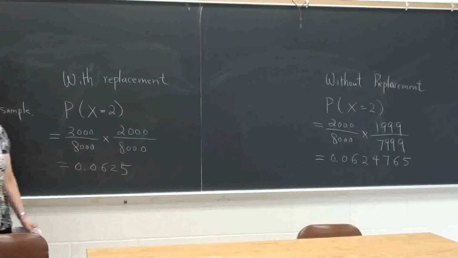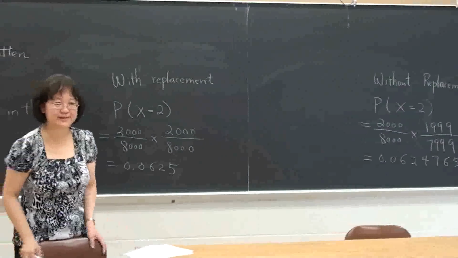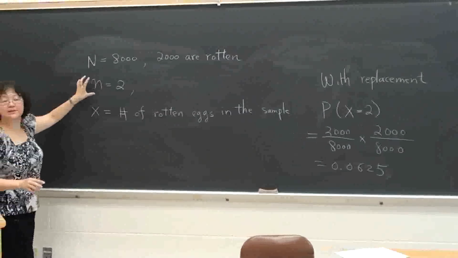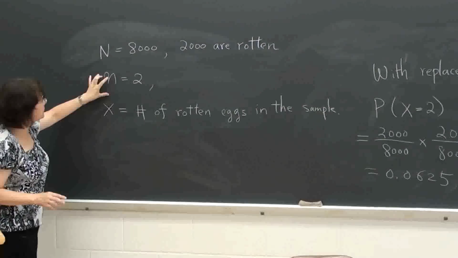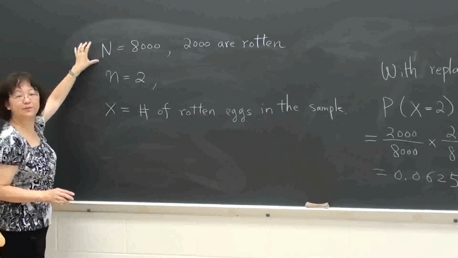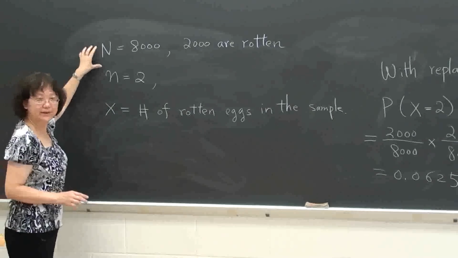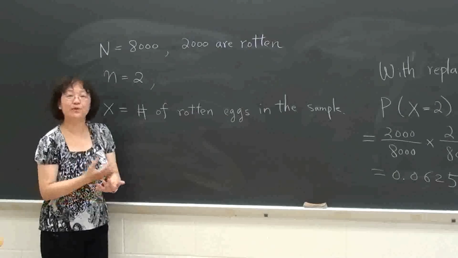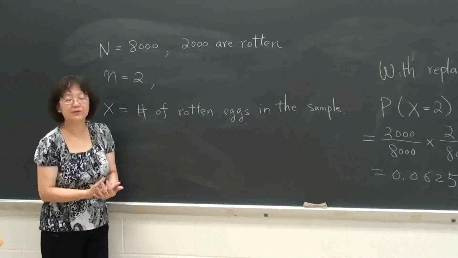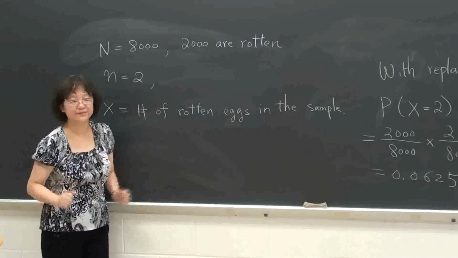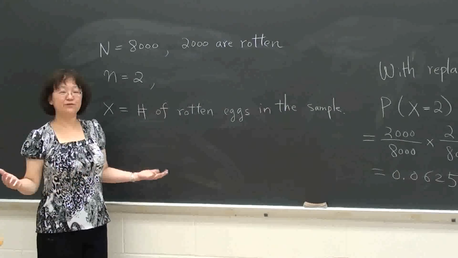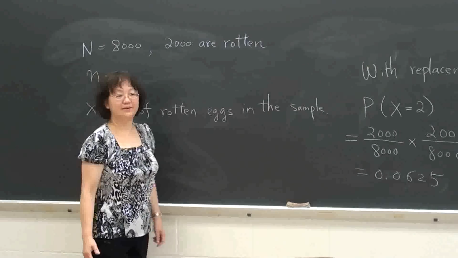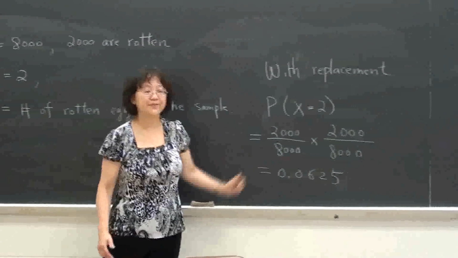And this demonstrates that when our sample size, small n, is small compared to the population size, capital N, then whether you use sampling with replacement or without replacement does not matter. We may as well use whichever is simpler, and the simpler one is this one.